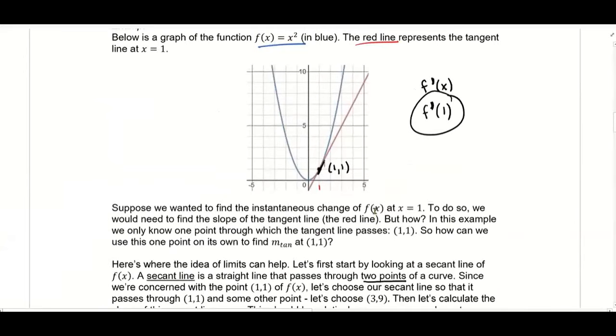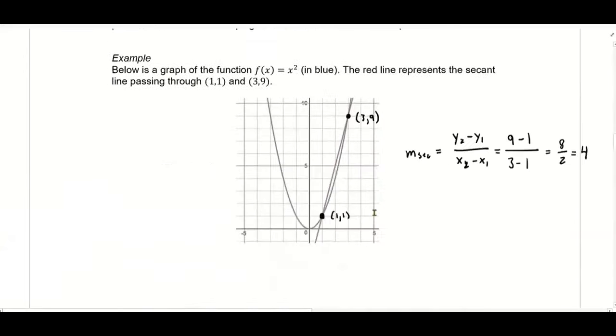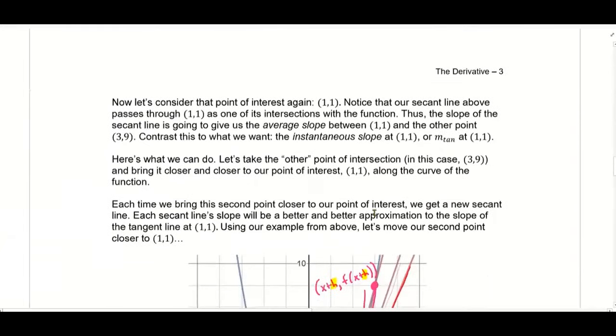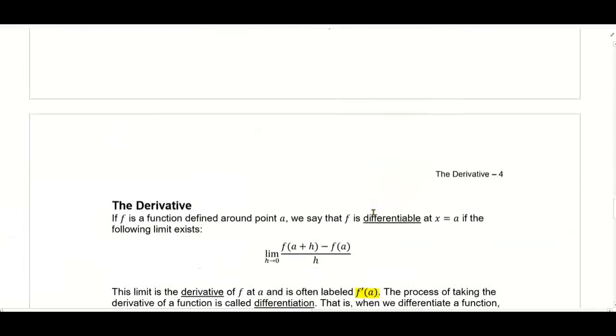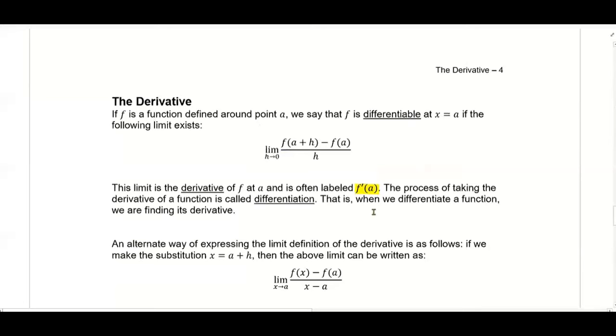So what we're basically doing here is finding a way to get our instantaneous rate of change based off of a single point. But because we know this idea of limits, we can actually define the idea of instantaneous rate of change in terms of limits.